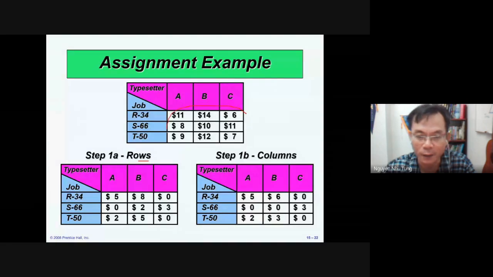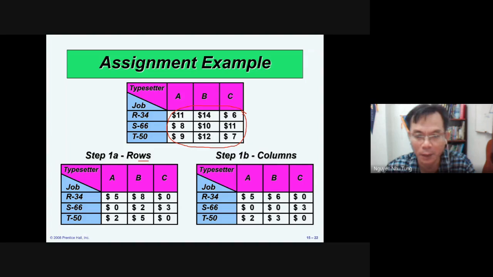You consider the number table here as a matrix, and in step 1A you conduct the row subtraction for each row. Beginning with row 1, R34, you subtract from all of the numbers in this row the smallest number in that row.